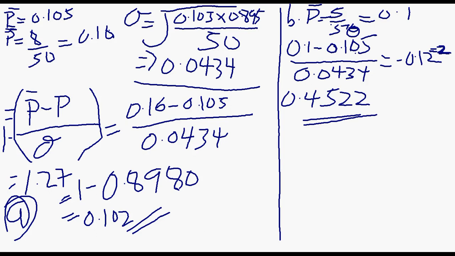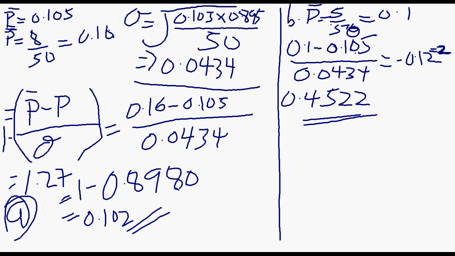So now let's look at C. C is saying that if the random sample included 200 engineers, so now they've added 200 engineers, then now the number will be 250.